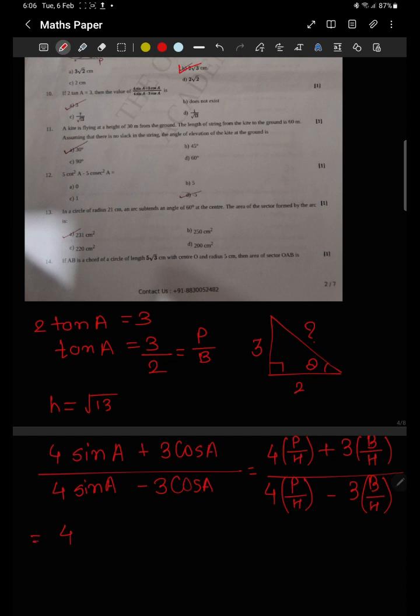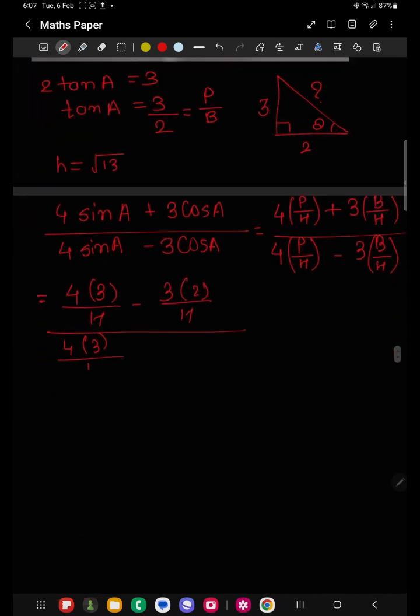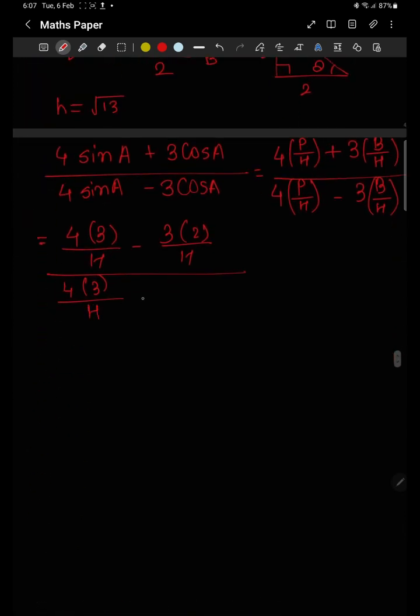Perpendicular is 3 upon H, and base is nothing but 2 upon H. This H will get cancelled as it is common.